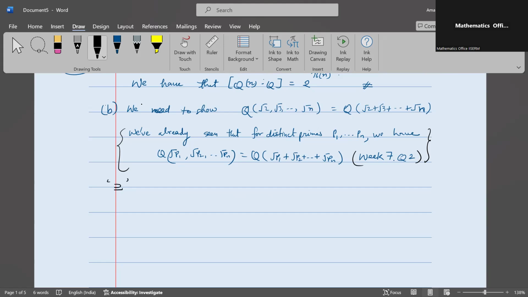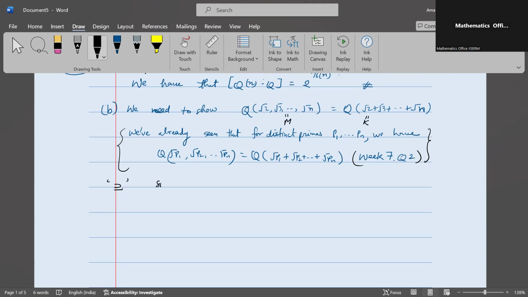Let me write this field to be K, and this to be M. I'm just writing some notation, we can write it as M and K, whatever. Let's say K.